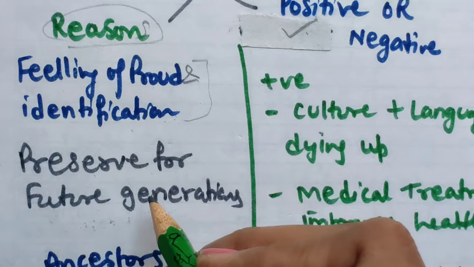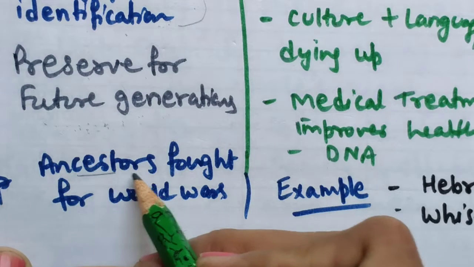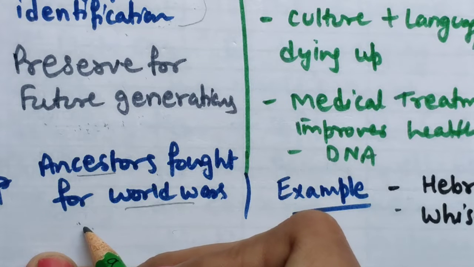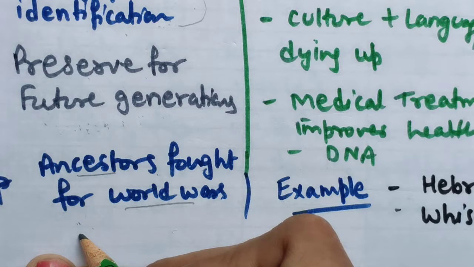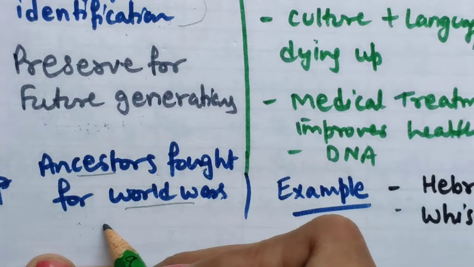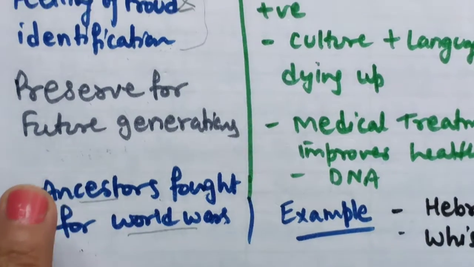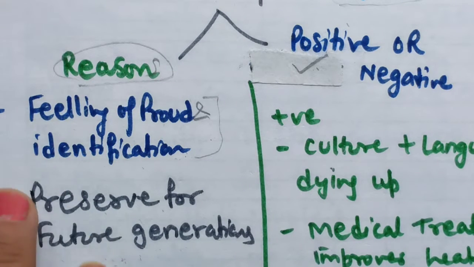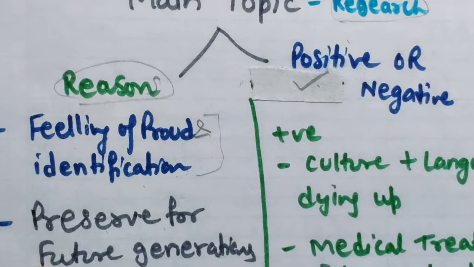For example, ancestors who fought in world wars or the freedom movement, or did some bravery activity, maybe the family is famous for that, so that he can get a feeling of pride and identification that he is part of that family. That's why people are doing this kind of thing nowadays.